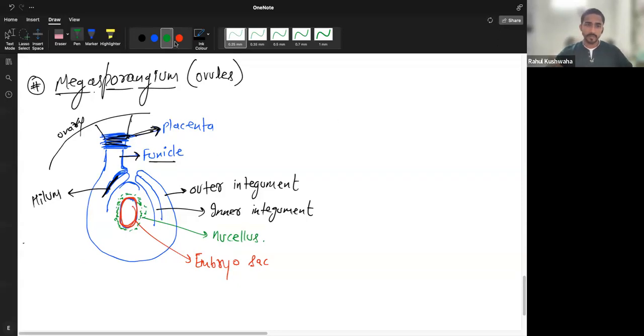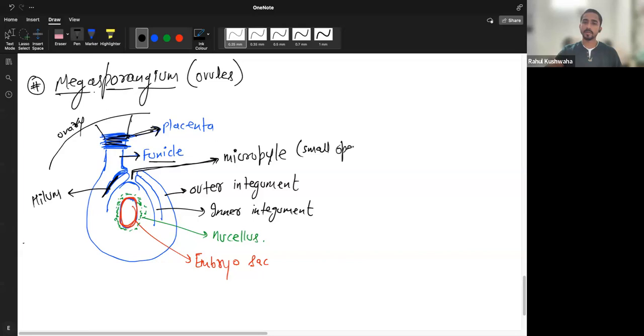Perfect. Now this tip, this part where there is an opening-like structure, is called a micropyle. It is a small opening. Micropyle simply means, micro means small, pyle means the opening.